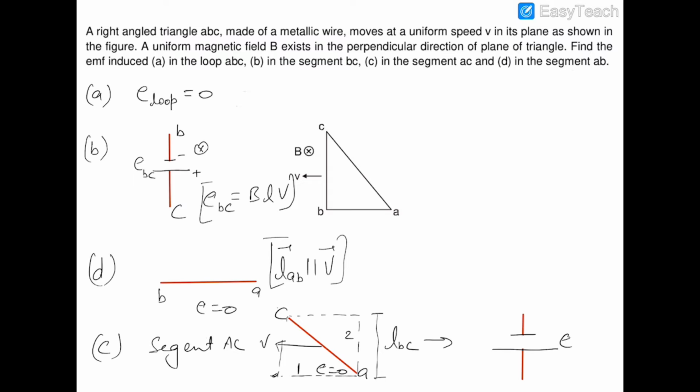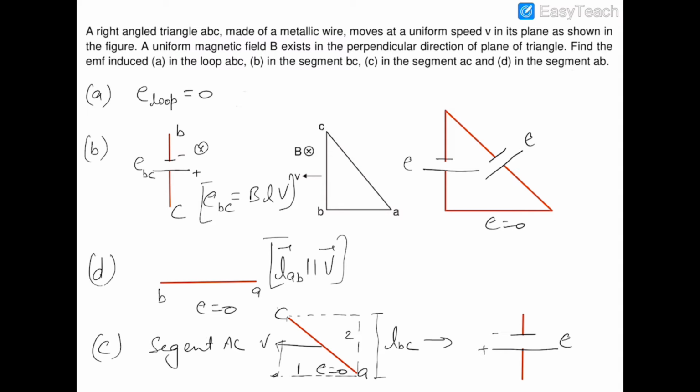This is E. If you combine these batteries in the loop, this cell has an EMF E, this cell has an EMF E, and this has zero EMF.